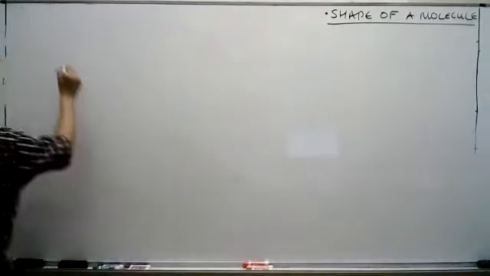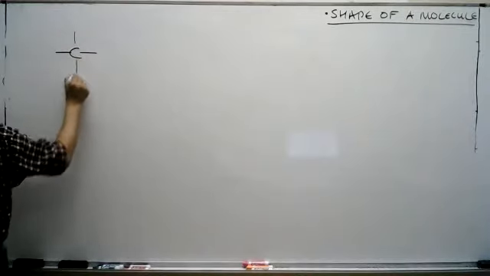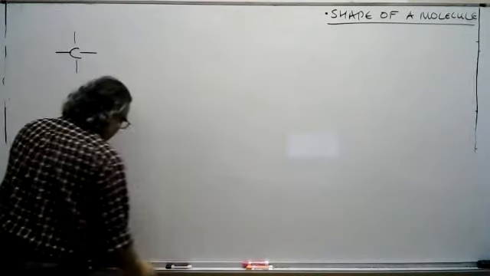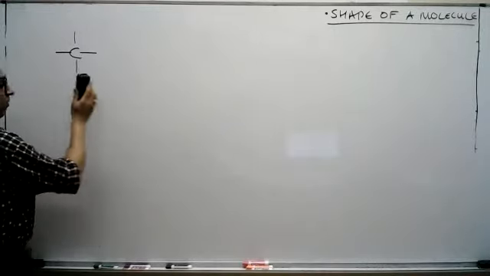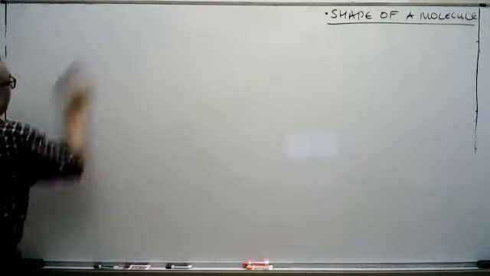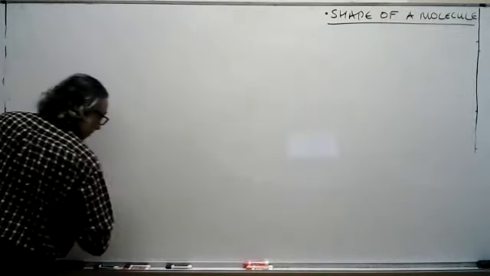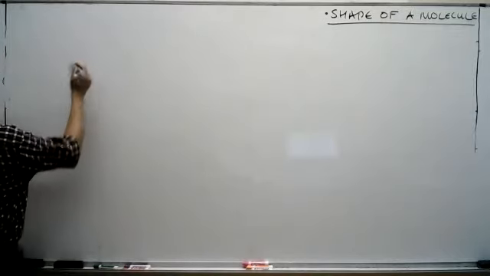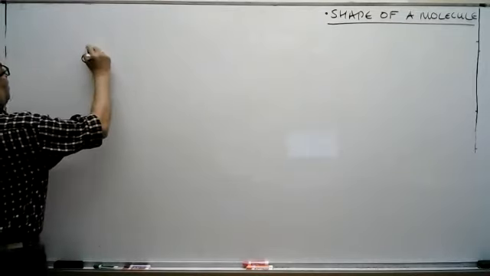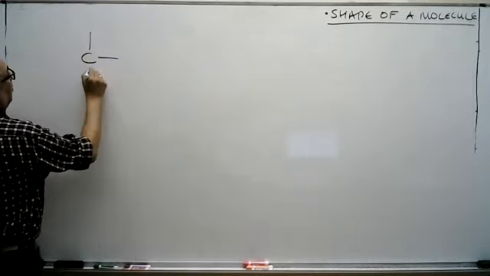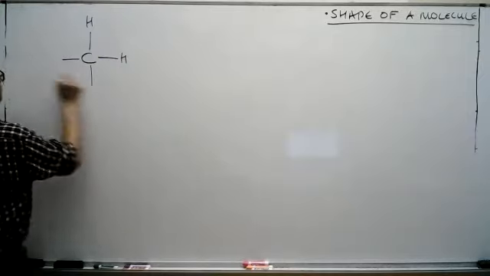Now, this molecule, methane, it will be easier if I just draw the bonds in blue, because I have some model, and it will be easier for you to see. I'm going to draw the carbon in black. Blue, blue, blue, and blue hydrogen.